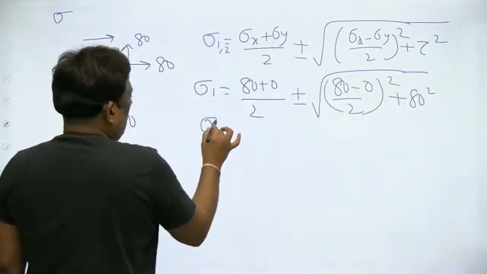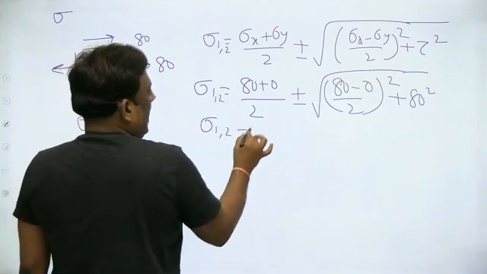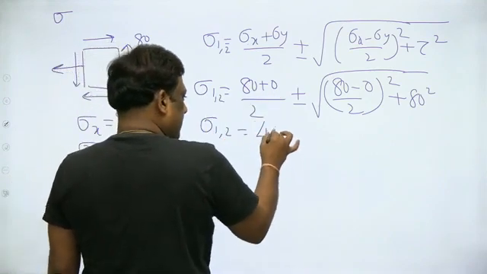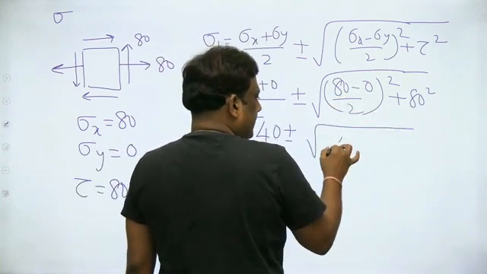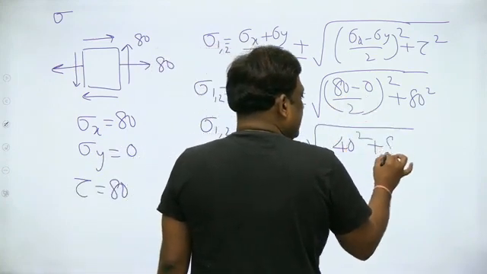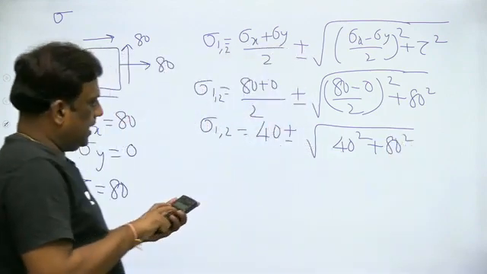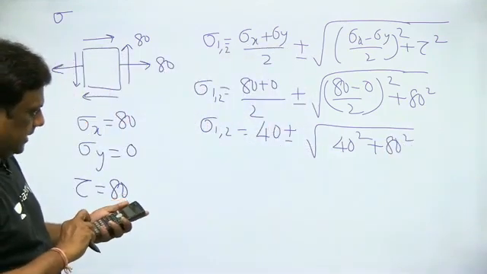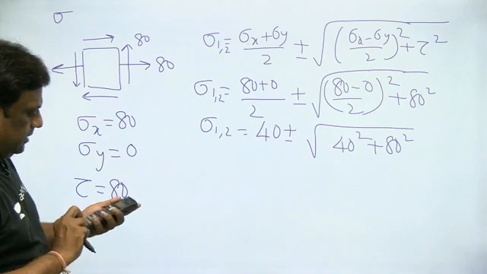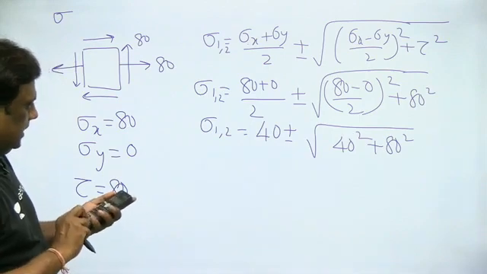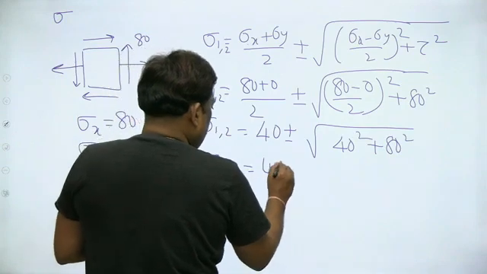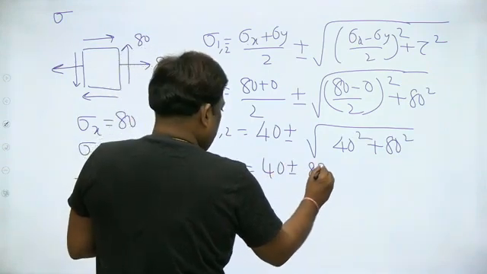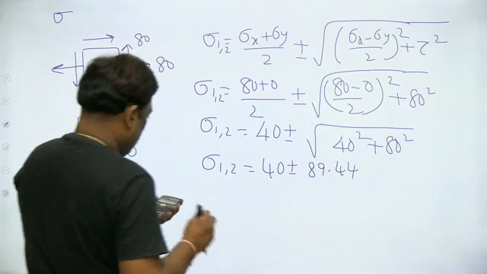So I think you are getting sigma 1, 2 as 80 by 2 is 40 plus or minus under root 40 square plus 80 square. So how much will it be? 1600 plus 6400. This will be under root, so 89.44. So sigma 1, 2 is 40 plus or minus 89.44.